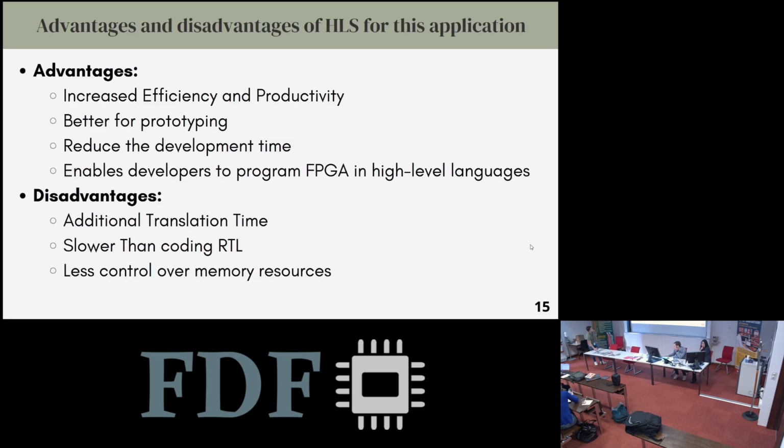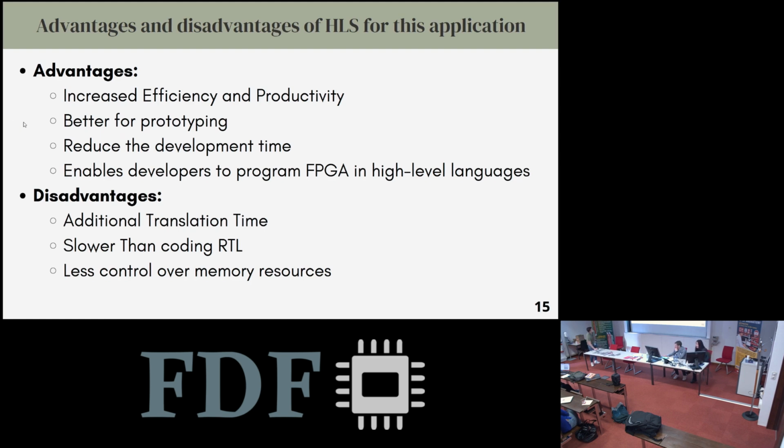Seeing the results, I think, okay, HLS let me write this application in C++. It's nice, but this language is at a high level, so you need a translation time to VHDL, and the code it generates is not the best.